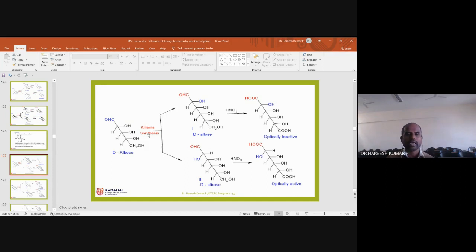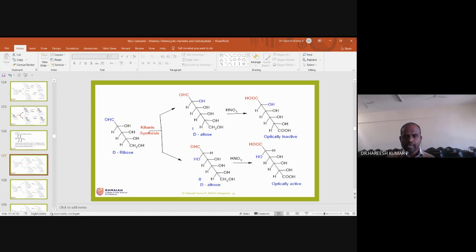In this process, the aldehyde present in ribose is converted into a hydroxy group, and the new CHO group is introduced at the first position. Suppose the hydroxy group goes towards the right hand side, then it is called allose. If the hydroxy group goes towards the left hand side, then it is called altrose.